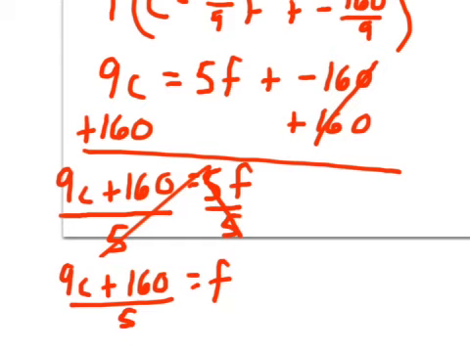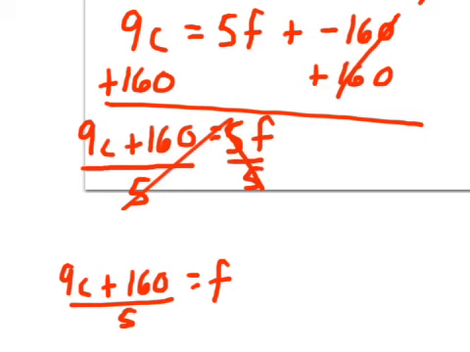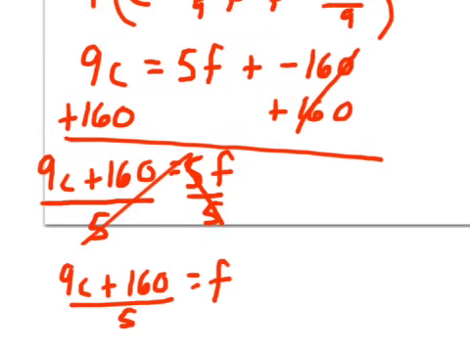Now remember when we talked about simplifying things? Sorry, this isn't going to move for me, I guess. Remember when we talked about simplifying things? This 5 would have to be able to go into 9 and into 160 because it's separated by this plus sign. Well, 5 goes into 160, but it doesn't go into 9, so we can't simplify this anymore.